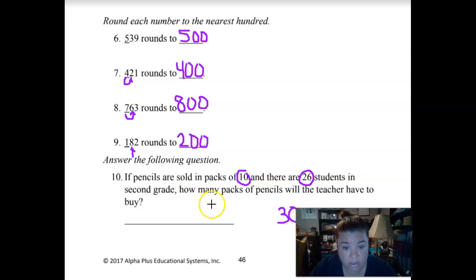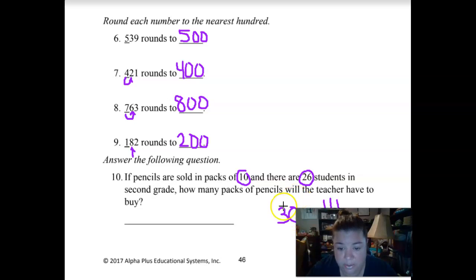Okay? So how many packs of pencils will a teacher have to buy if there's about 30 kids and there's 10 pencils in every pack? Remember, you've got to know how to skip count by 10. So if you don't know how to do that yet, you need to be practicing. So let's skip count by 10. Okay? 10, we'll put a tally mark. 10, 20, 30.